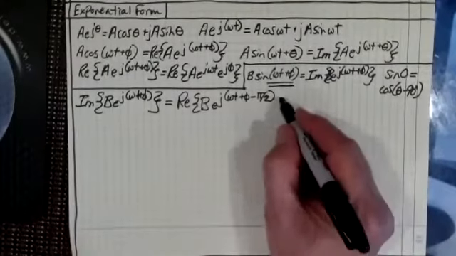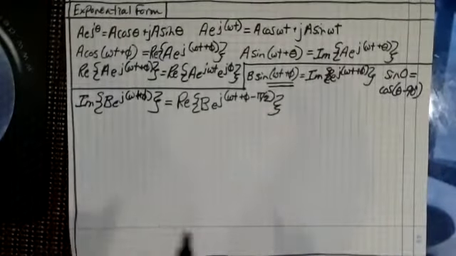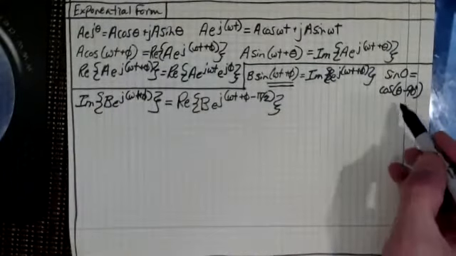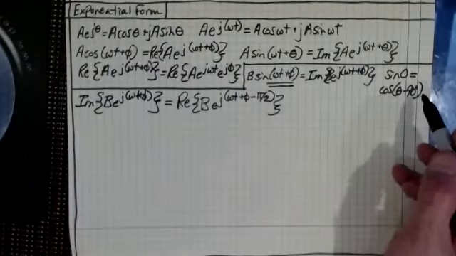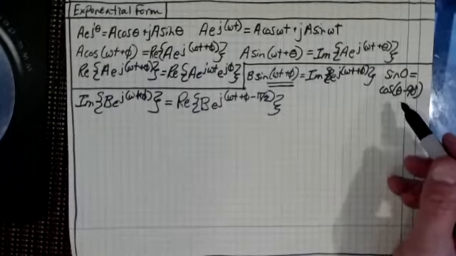You see how I've done that? So I've switched it from imaginary now to real. So everyone see how I switched it using the trigonometric identity over here? So everybody should be able to see how I did that.